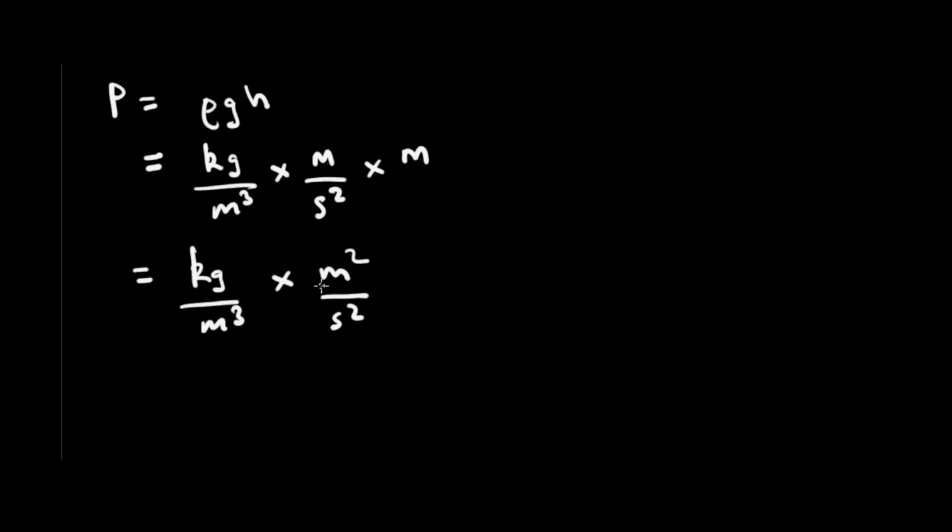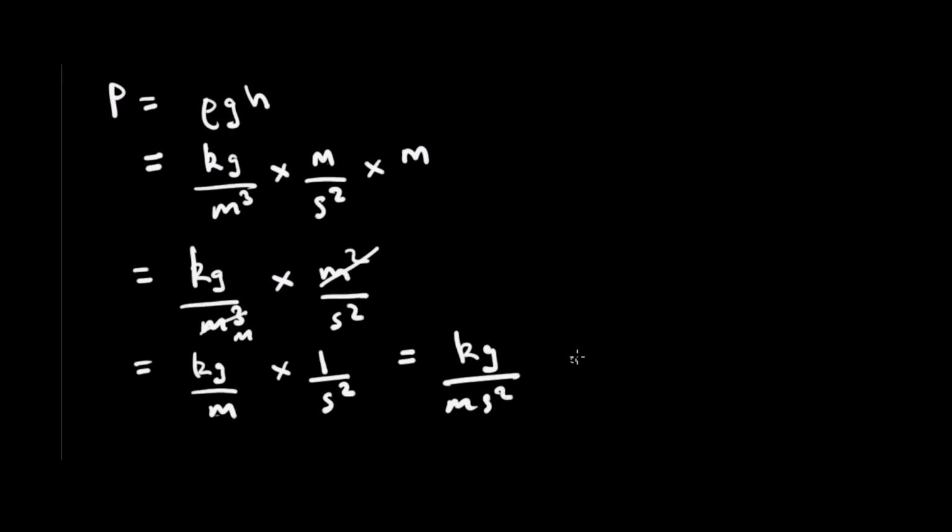Then m squared cancels with m cubed, meaning what remains is m. So we have kg over m multiplying 1 over s squared. This is kg times 1 which is kg over m times s squared. This is equal to kg per m s squared.